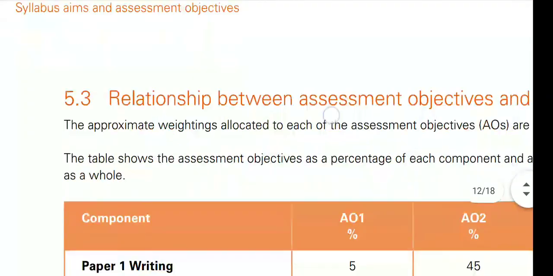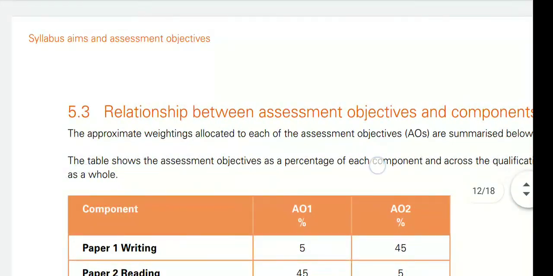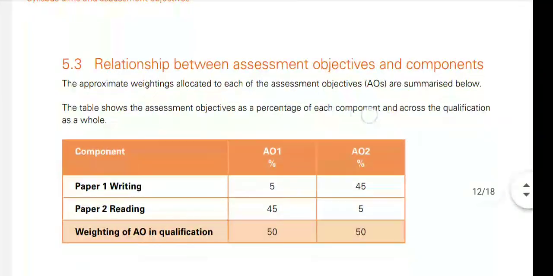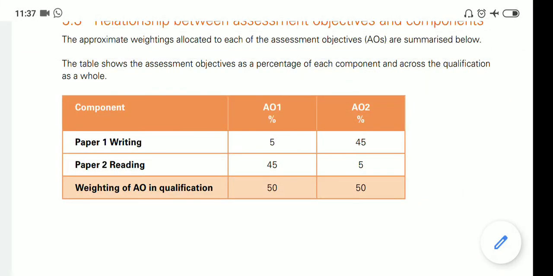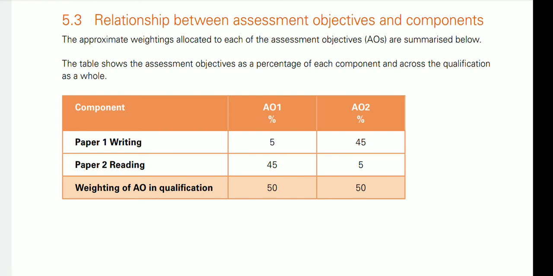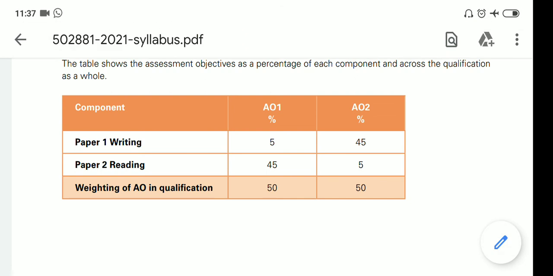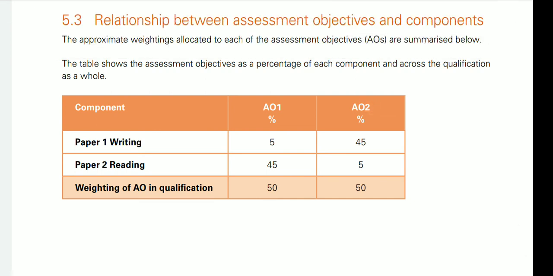Why I have discussed the writing paper marking objectives with the reading paper is this. The relationship between assessment objectives and components: although paper 1 is writing, it also includes a 5% assessment objective for reading. What is assessment objective 1? Reading. What is assessment objective 2? Writing.